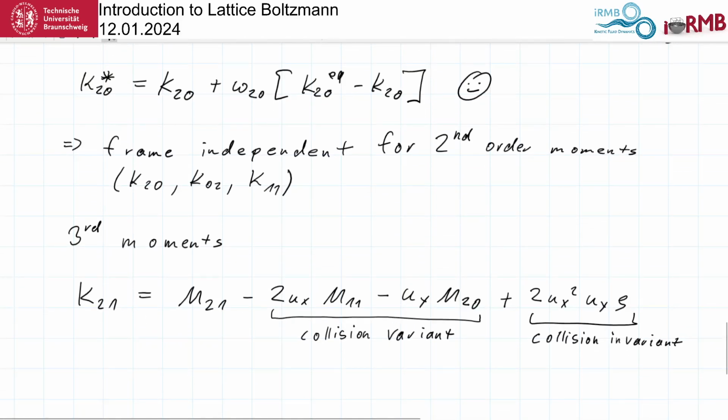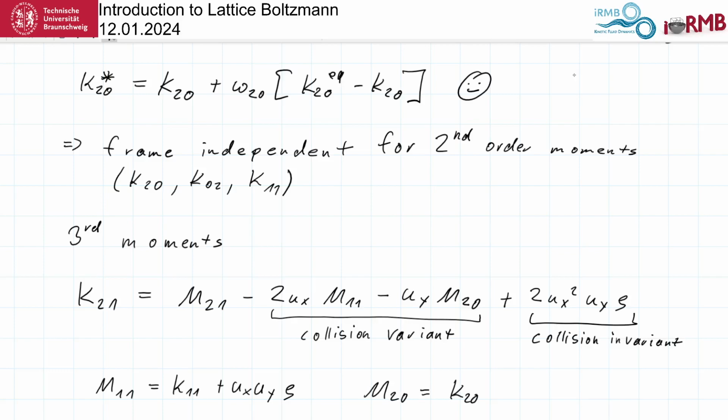Now let us translate this. So again, we have M11 is equal to K11 plus Ux Uy rho, and M20 is equal to K20 plus Ux square rho.